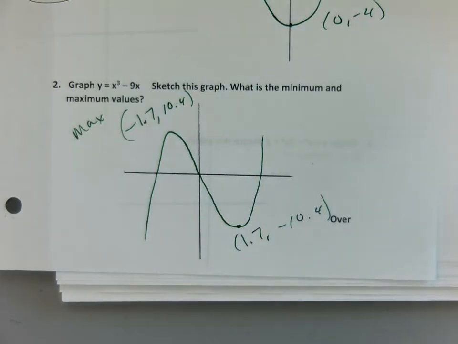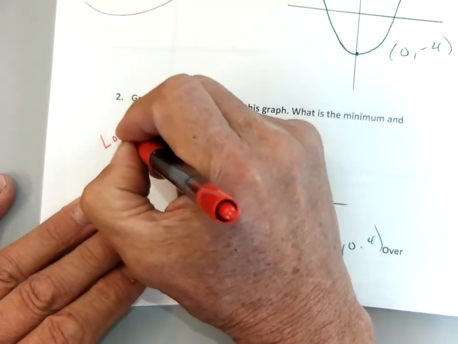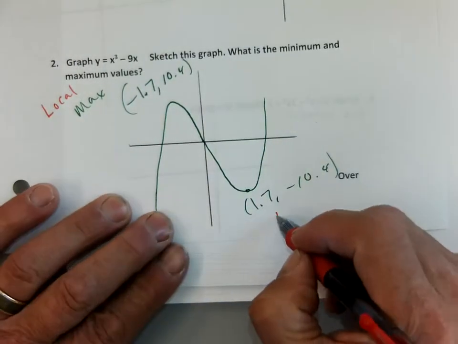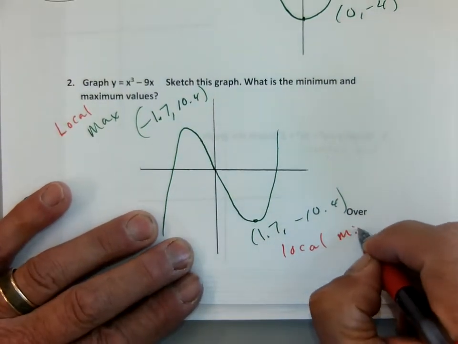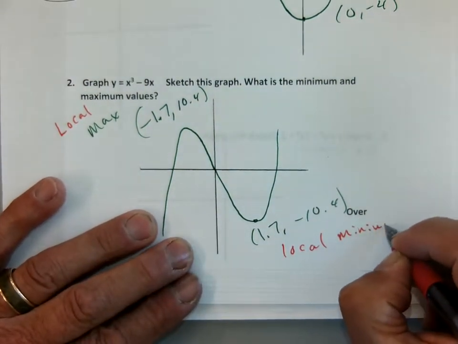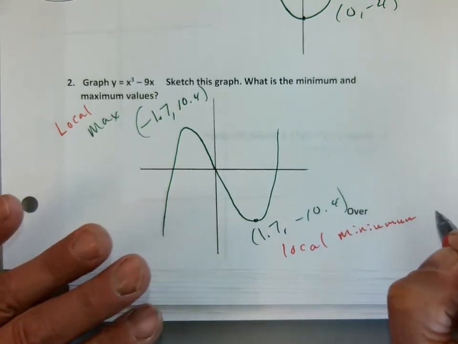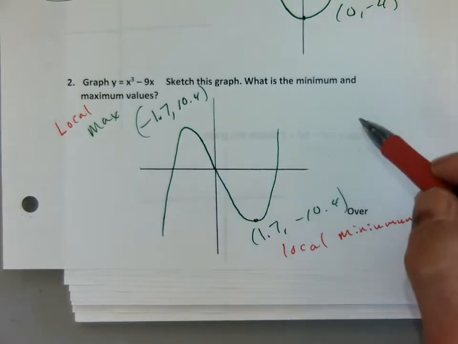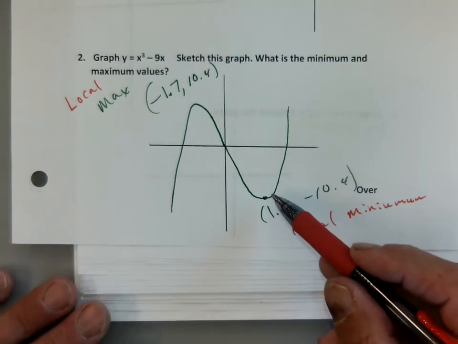Now I'm going to add one more thing to this that I think will make a lot of sense. I really want to call this a local maximum, and I call it a local minimum because right here, this point is not the lowest point on the graph.